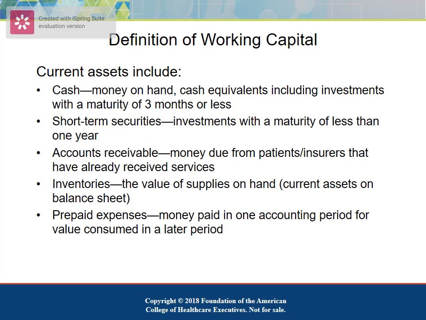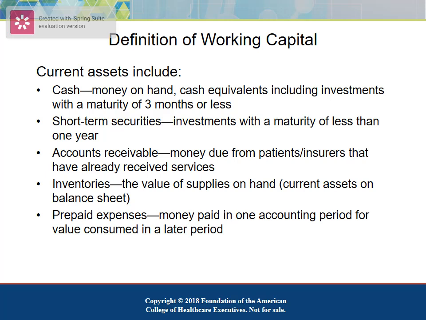When we talk specifically about current assets, we're talking about the balance sheet. You'll see a section that says current assets, and that is within a year. Assets that can be liquidated within that year. It'd be cash, short-term securities, accounts receivable, inventories, and prepaid expenses.